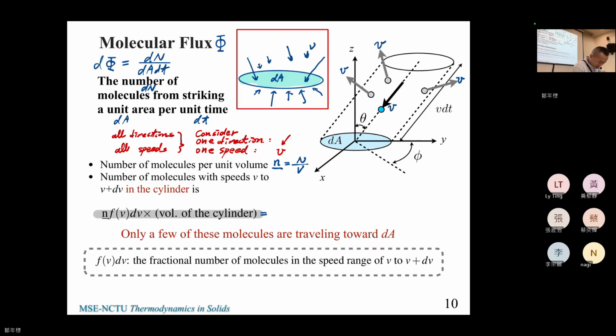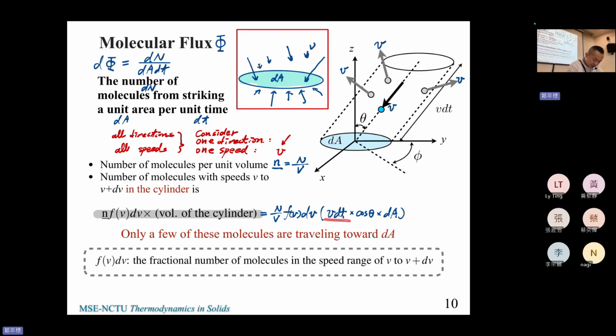It equals N divided by V times f(v) dv. This is the probability, times V dt times cosine theta times dA. Of course, this is the cylinder volume.